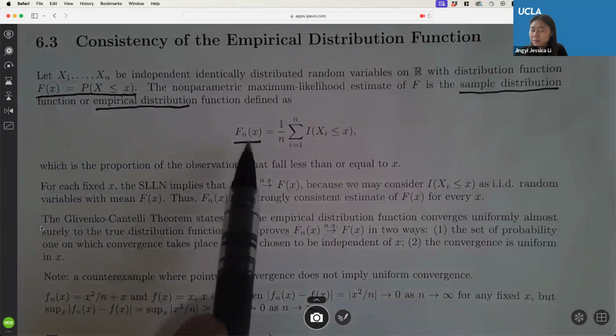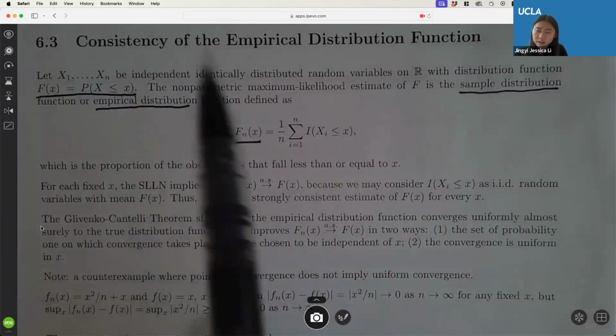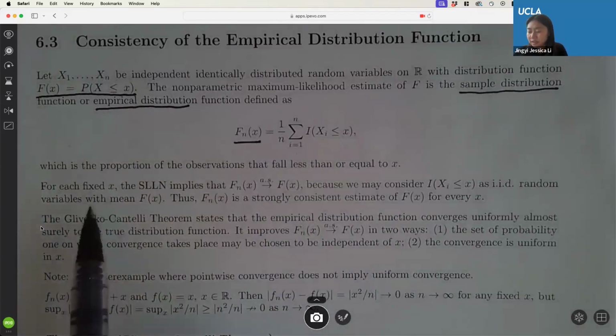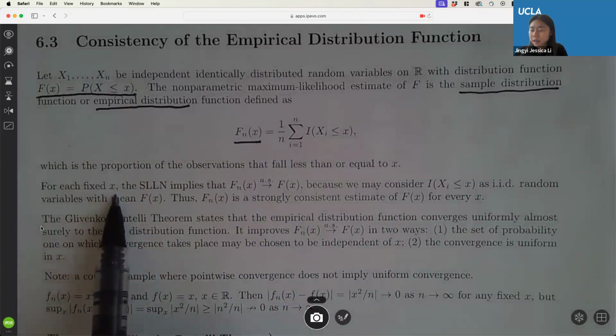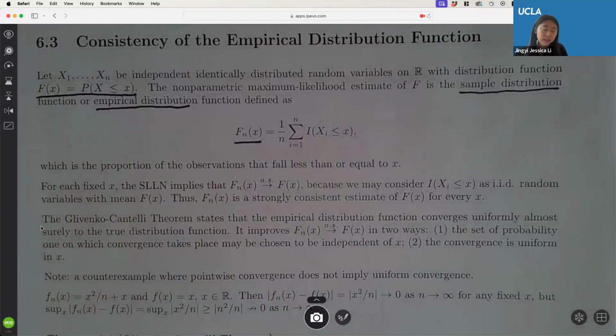We can talk about their relationship for a given fixed x, or across all values of small x, and that's different. If we fix x, it's simpler because we have the strong law of large numbers, almost sure convergence. That's very strong.